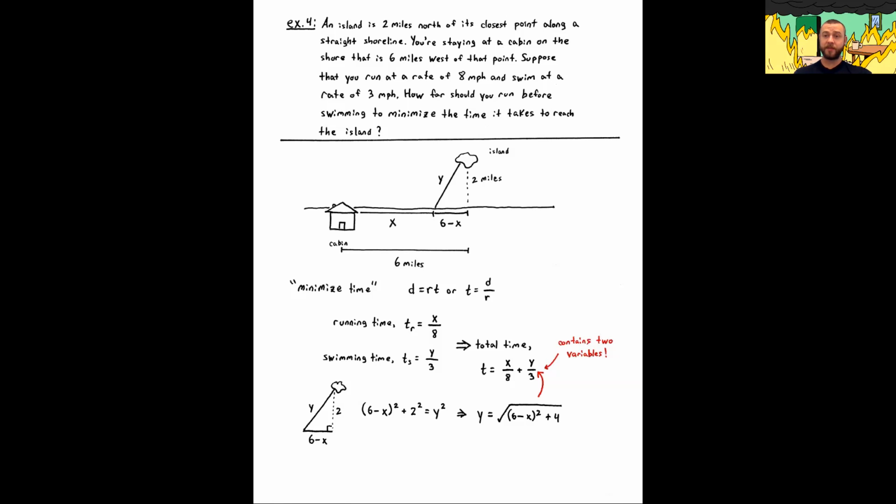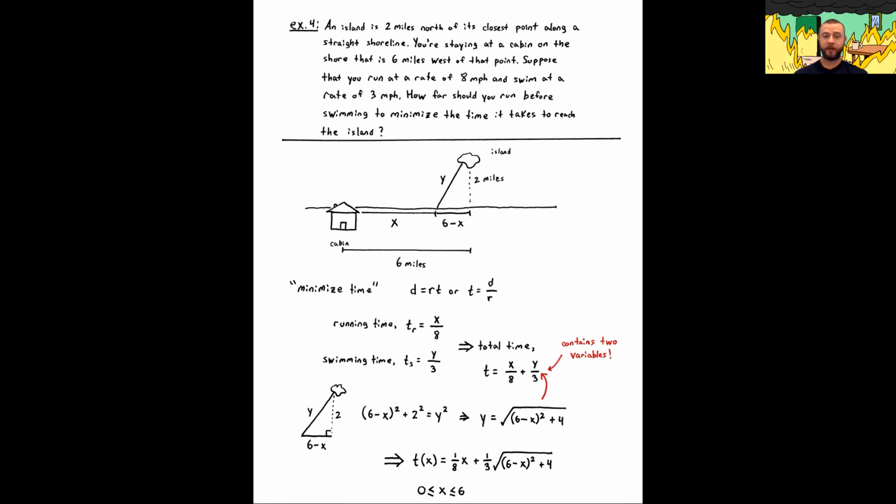Okay, if you apply the Pythagorean theorem, you get an expression for y in terms of x. We can plug that into the time formula above, the time for running plus the time for swimming, and we get now an expression for time that is only a function of x. Now, before we go through the rest of it, I want to mention two things.